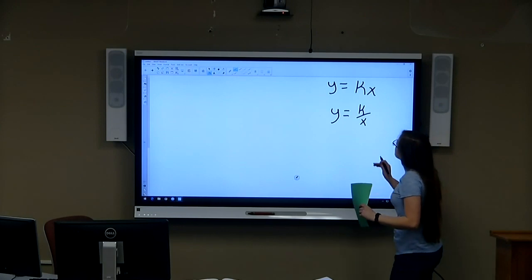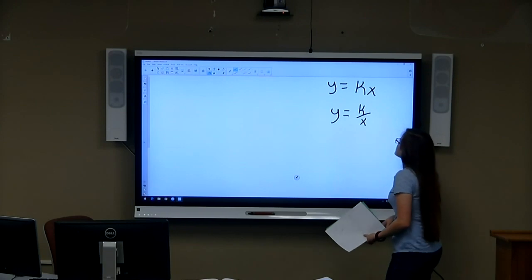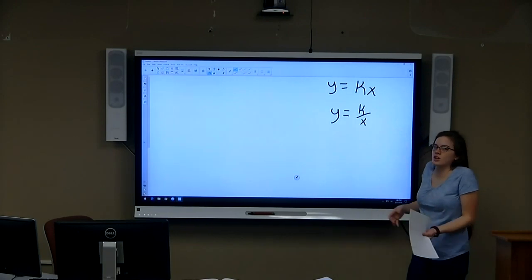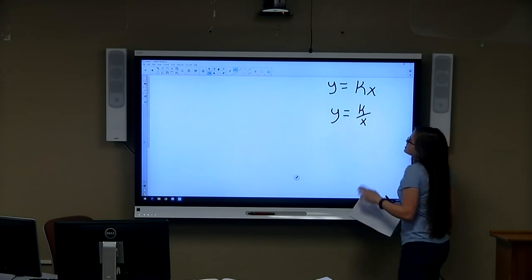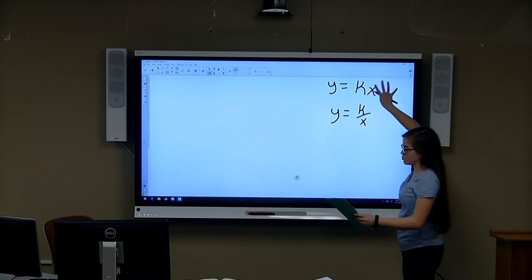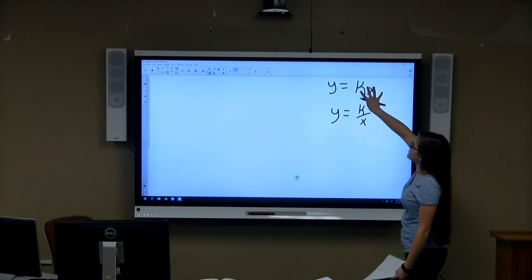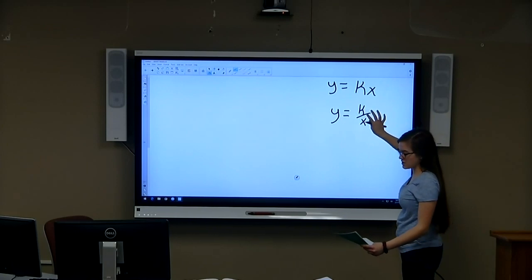But basically, y and x are usually your points on graphs. K is just any number or anything that's interacting with x in this equation, which this one is for if it varies directly, and this one is if it varies indirectly.